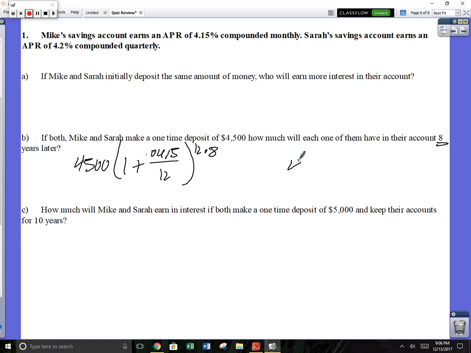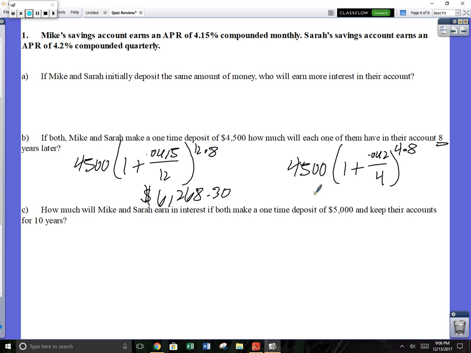Sarah's formula is going to be similar. It's going to be $4,500 times 1 plus her rate, 0.042 over 4, raised to the 4 times 8. Okay, if you crunch those numbers, Mike's going to have $6,268.30.